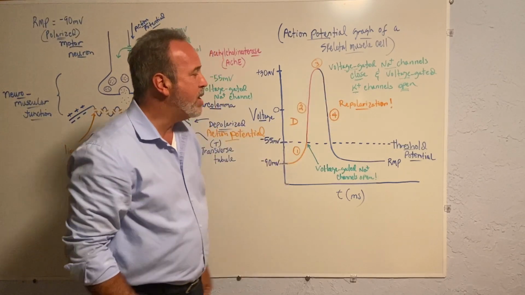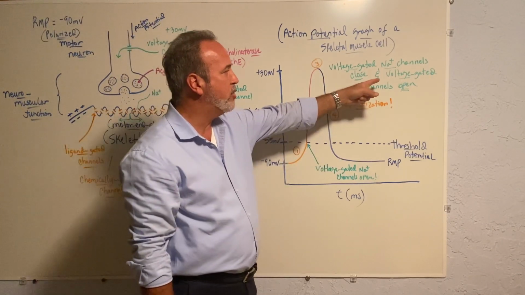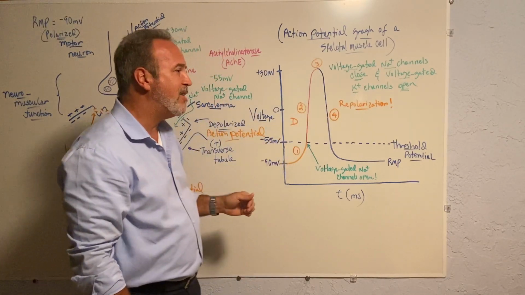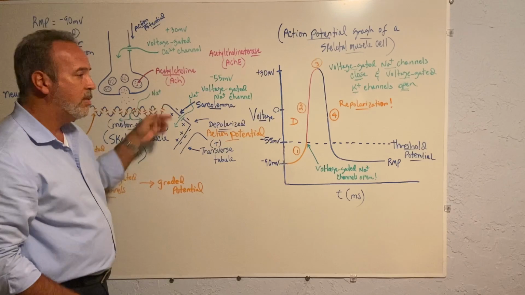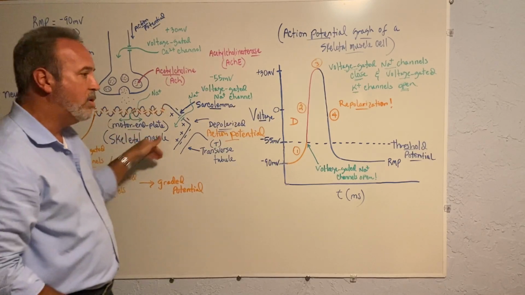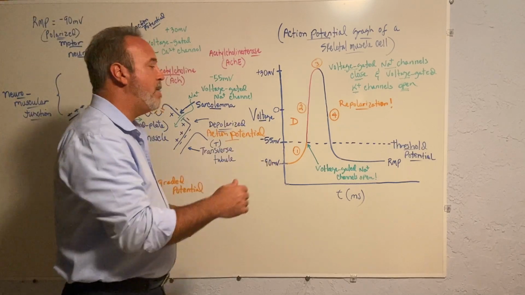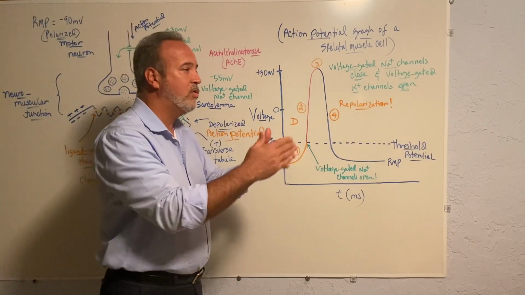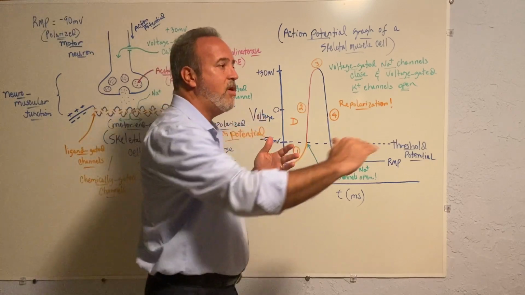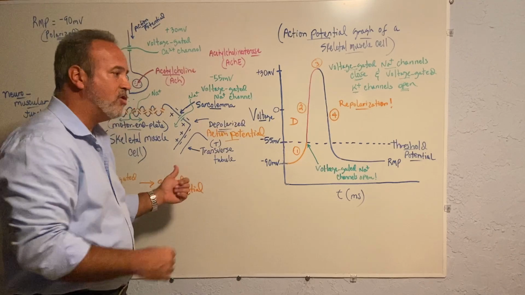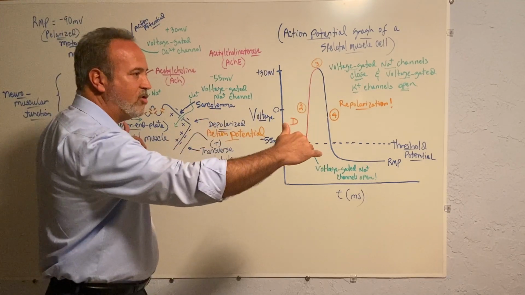So once the voltage-gated potassium channels open, then potassium will leave the cell, the muscle cell, okay? It will leave the muscle cell. So that means that if I open the voltage-gated sodium channels and sodium is just spreading forward, in this case of an action potential, the graded potential, sodium is spreading in both directions.